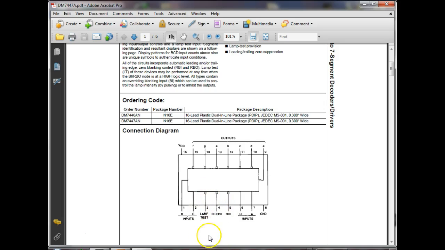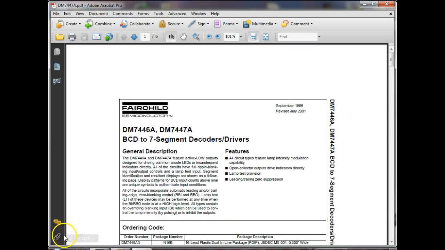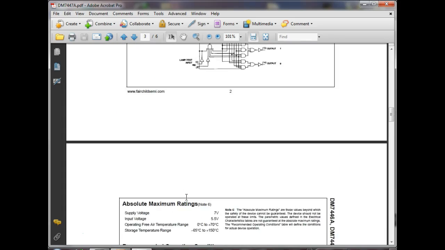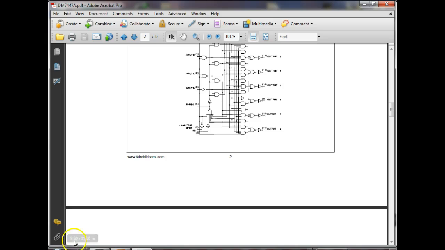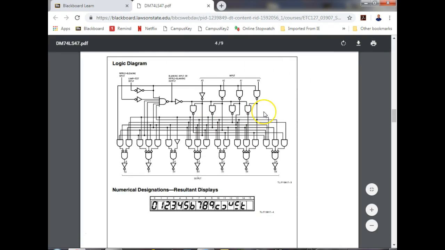Does that make sense? These are your ripple blanking inputs. So we use these guys right here to blank it so I can multiplex them, right? This doesn't show the characters. So if we put a 0 on it, it decodes a 0, right? 1, 2, 3, 4, 5, 6, 7, 8, 9. And then if you put a 10 on it, you get this little thing like this. If you put 11 on it, you get this, 12 this, and you put a 15, it blanks it. And that's the actual makeup of the 7447.